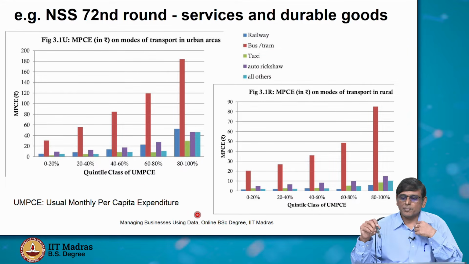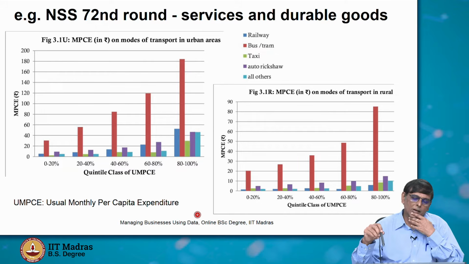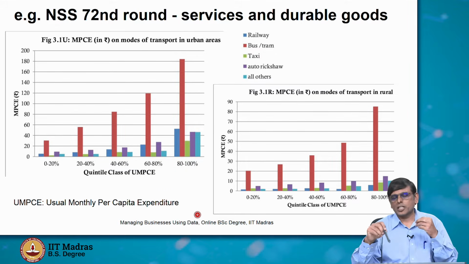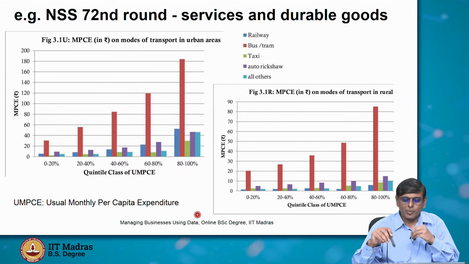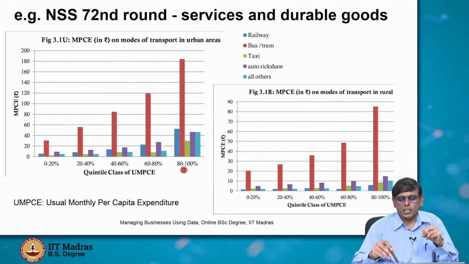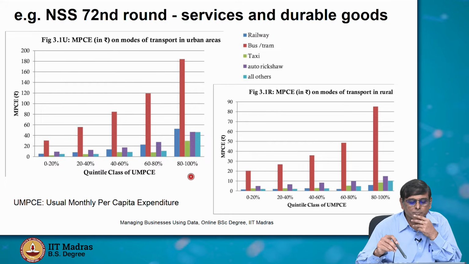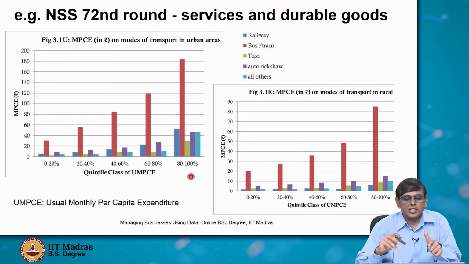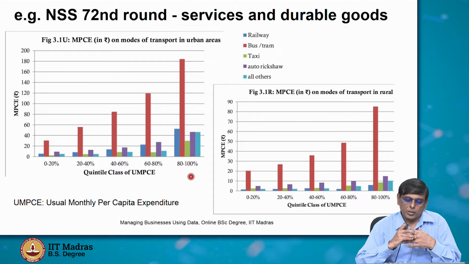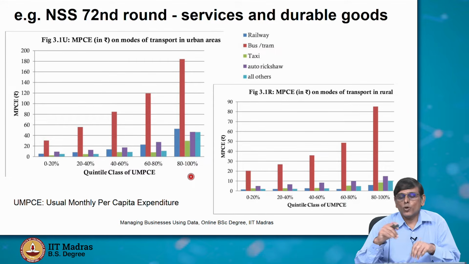Later, when I discuss one of the surveys in more detail, I'll explain how these samples are chosen very carefully. You pick some people from each of these regions, and then you do some estimations. In this case, the NSS 72nd round focused on two areas.